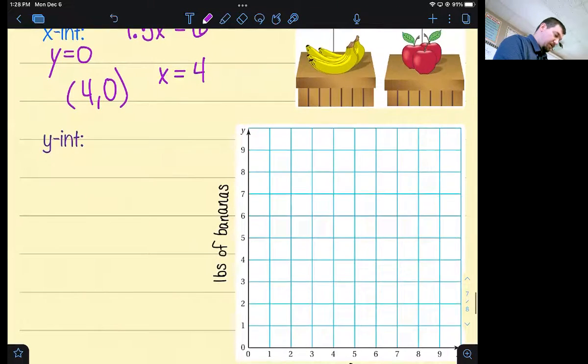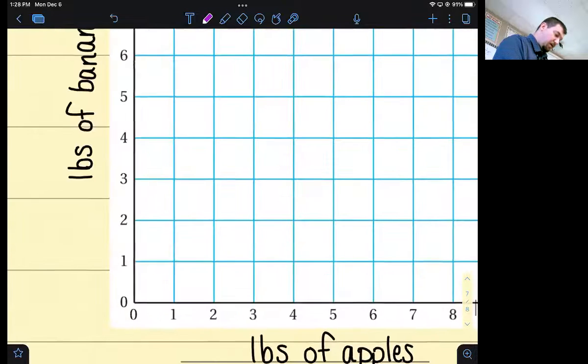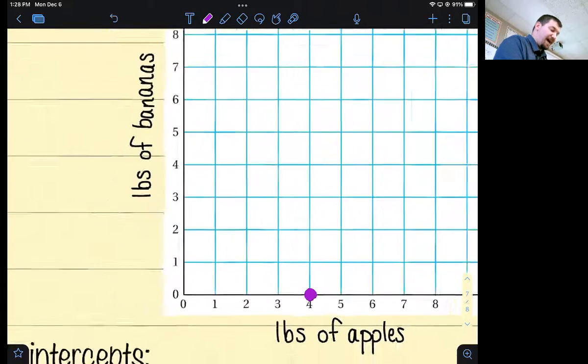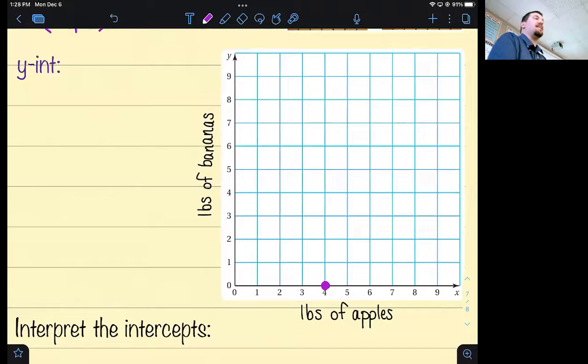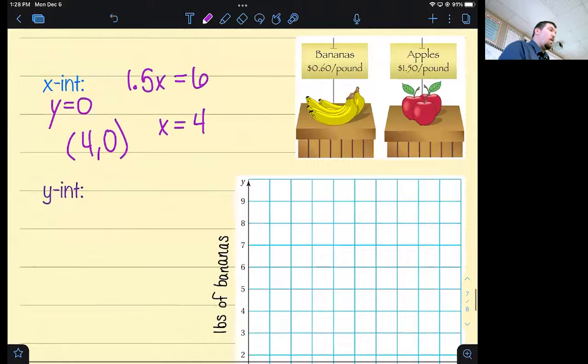X equals 4 means an x-intercept of 4. So the maximum amount of apples I could buy is 4 pounds. That's if I bought 0 bananas. The y-intercept is going to tell me the maximum number of bananas you could buy, assuming you buy 0 apples, and plug in 0 for what variable?